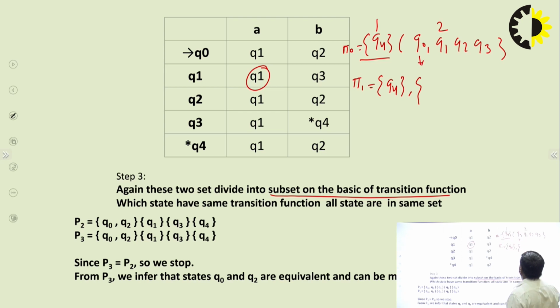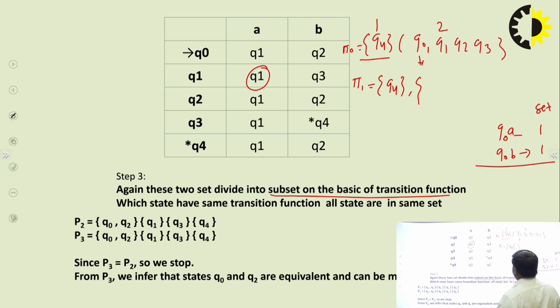We check Q0 on A, that is Q1, set 1, and Q0 on B, that is Q2, again set 1. If this property holds within a set, then these states lie in the same set.